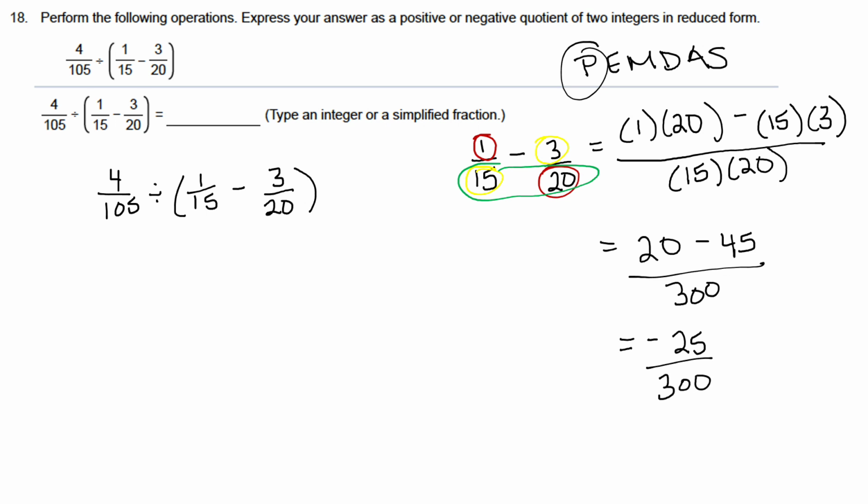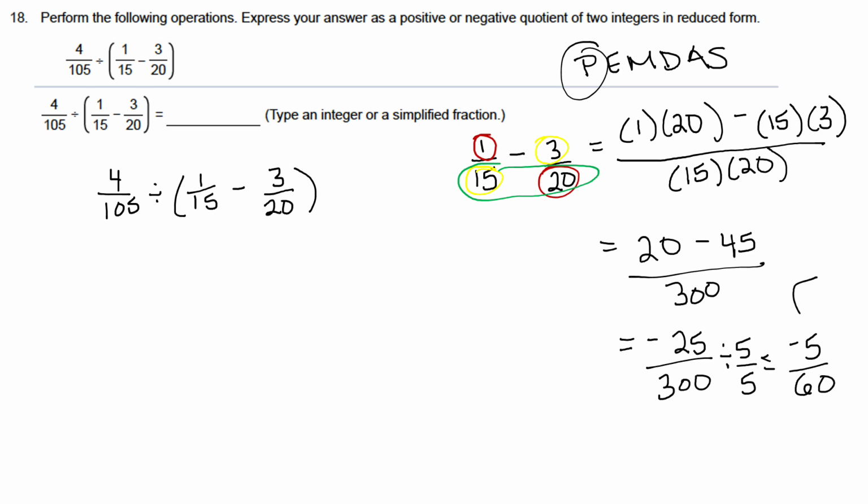Now I can go ahead and simplify this part, and then I'll include it back in our original problem. So 25 and 300 are both divisible by 5. So I'll divide the top and bottom by 5. Negative 25 divided by 5 is a negative 5. And then 300 divided by 5 is 60.